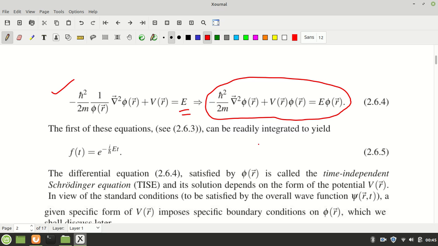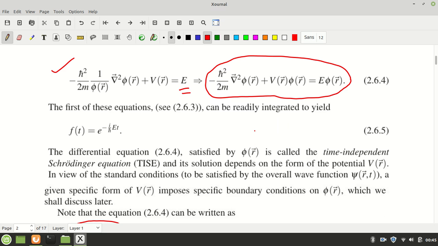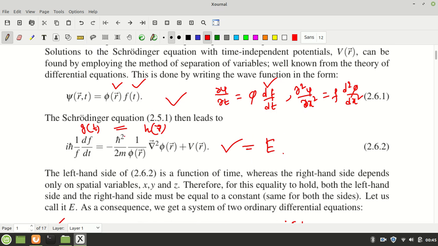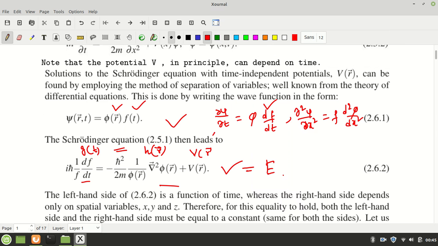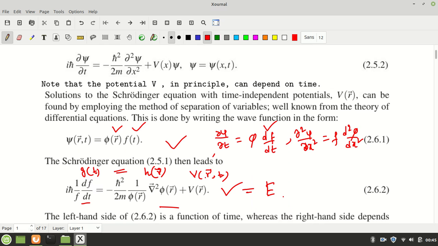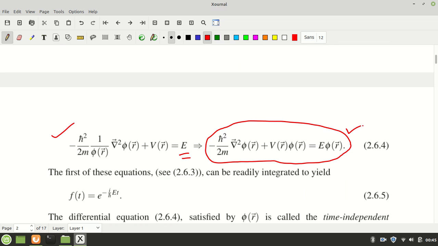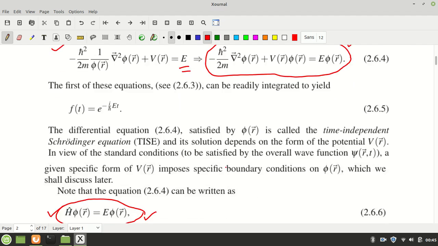If it is not independent of time, you cannot separate the time dependent Schrodinger equation into two halves, one time dependent and the other time independent, because if V is a function of r and t, you cannot write the right hand side equation as a function of r only. So the method of separation of variables will fail, and you cannot get this time independent equation. The time independent equation is the result of the fact that the potential is independent of time.